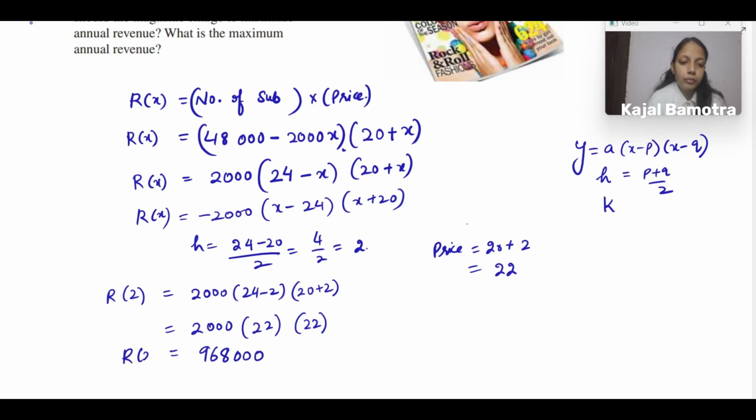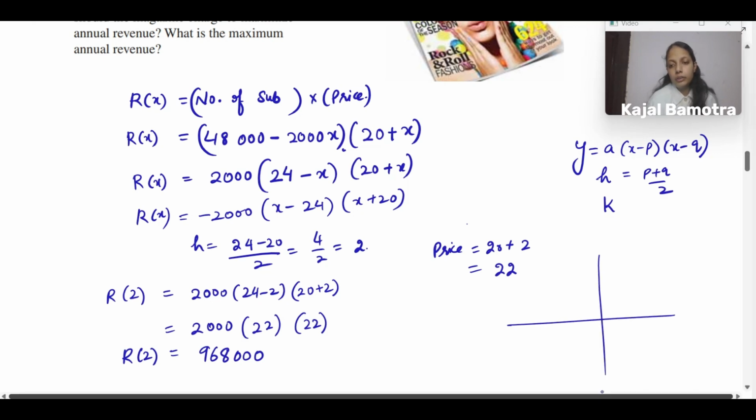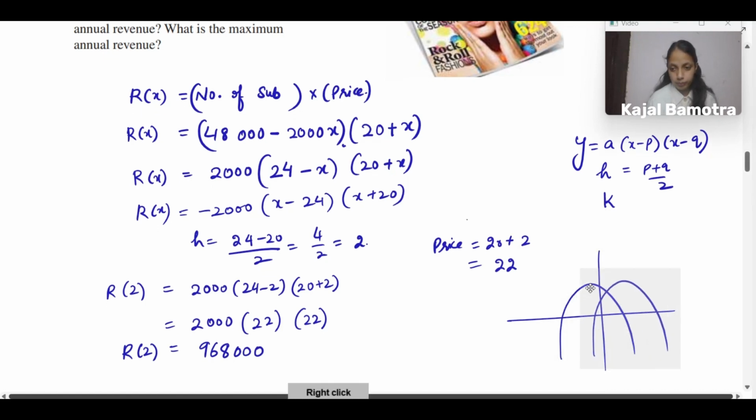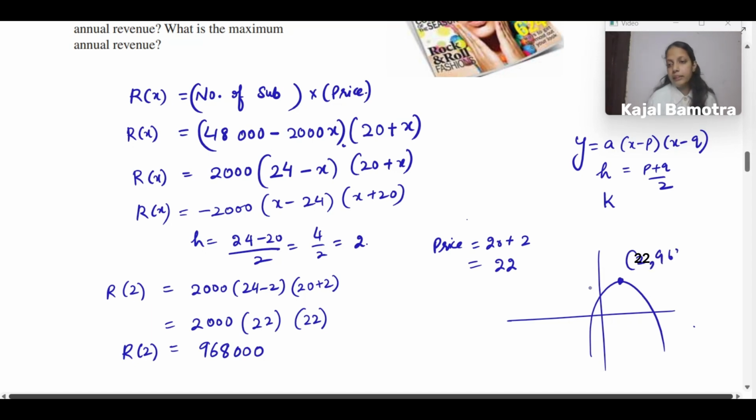This is the revenue. And we can say this is the maximum value because the graph is downward, the negative is outside. It's a downward graph, so the maximum value is when x is 2. So the maximum is $968,000. Done. So this was 3.1.